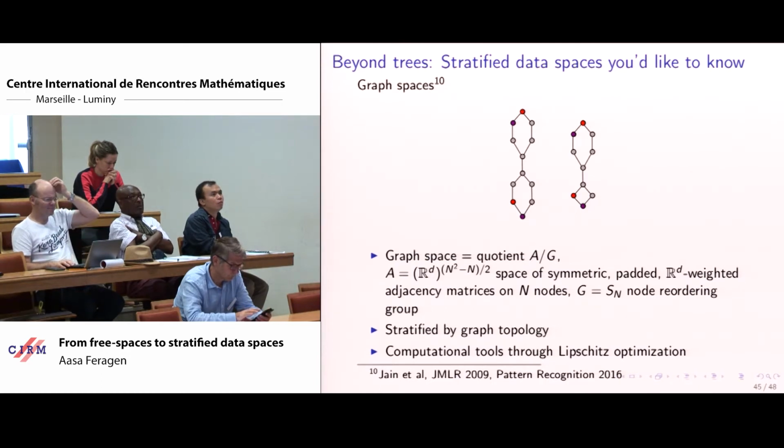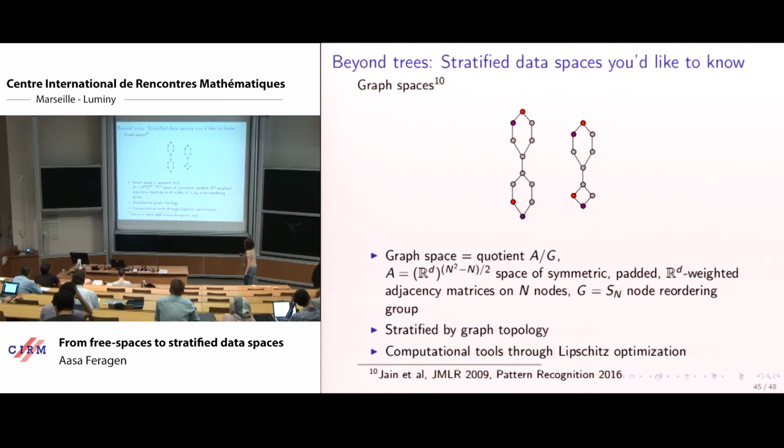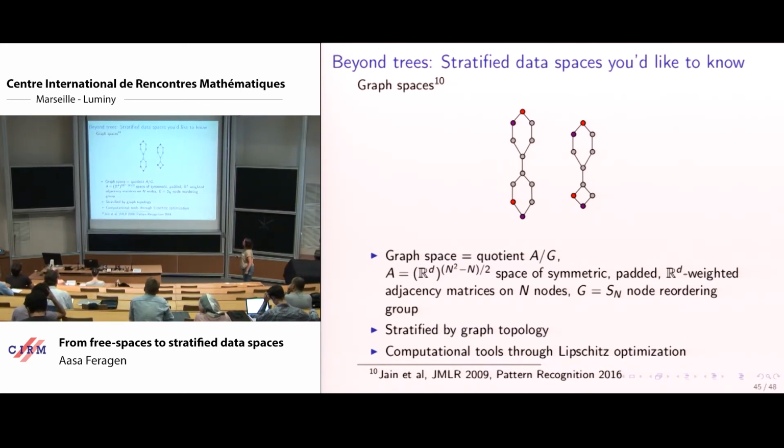You can also study spaces of graphs. And this has actually been around for a while. So Pranesh Jain, back in 2009, had a paper where he defined a graph space. He called them structure spaces, but one instance of it is graph spaces, defined as a quotient of the space of symmetric weighted adjacency matrices on n nodes.